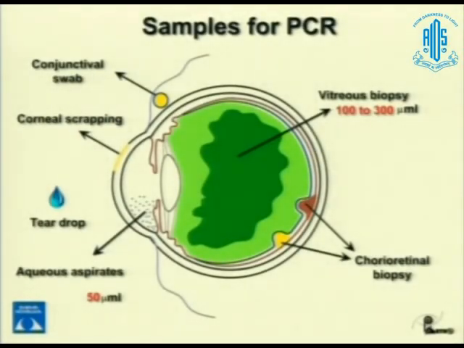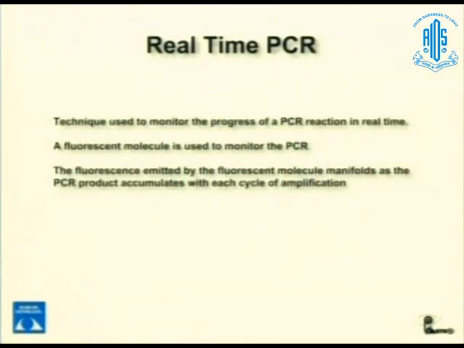Now for PCR, any sample can be sent for polymerase chain reaction, starting from the conjunctival swab, teardrop, aqueous aspirate, vitreous biopsy, chorioretinal biopsy. Now, the newest technique is the real-time PCR. What is this technique? Real-time PCR is a technique used to monitor the progress of a PCR reaction.